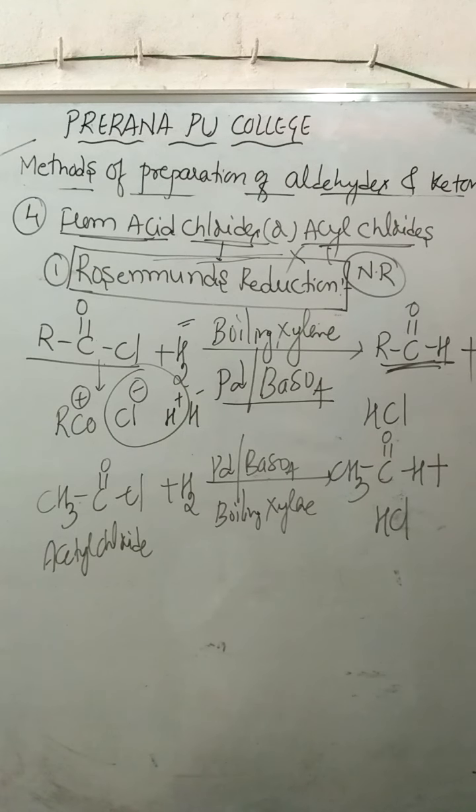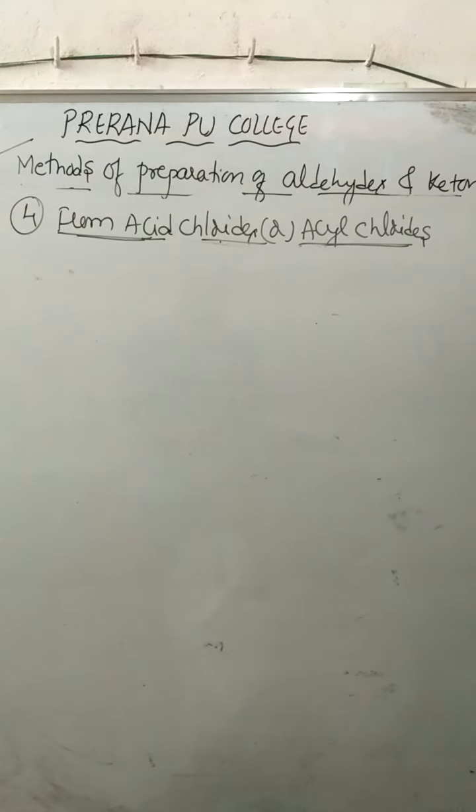These ketones can be prepared by using dialkyl cadmium as one of the major reactants along with acid chlorides. Now let us discuss how this dialkyl cadmium along with acid chloride yields ketone as the major product.